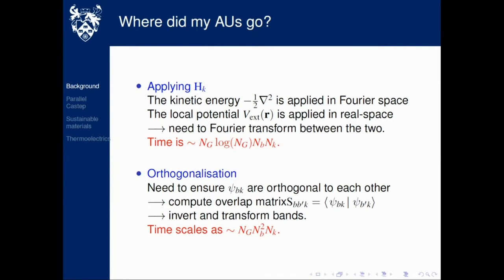That's how it scales at each k point. So we have applying the Hamiltonian scaling like ng log ng nb nk, and this orthogonalization scaling like ng nb squared nk. So for small systems, you tend to find that the Hamiltonian time is the key one, and for large systems, the orthogonalization is the key one because it's nb squared in the way that it scales.